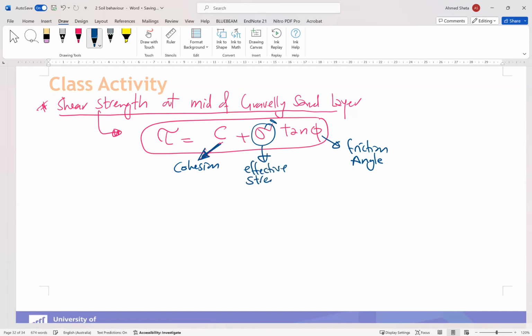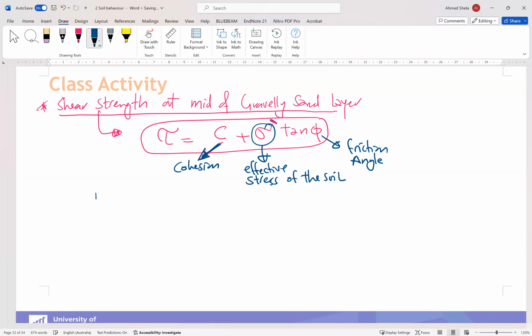So we can add the dash here to make it easier to understand. So sigma dash here is the effective stress of the soil.